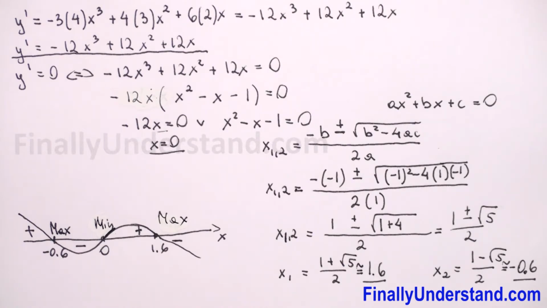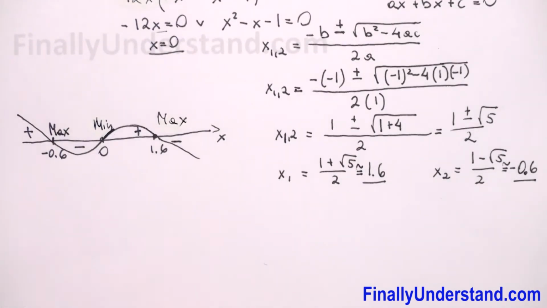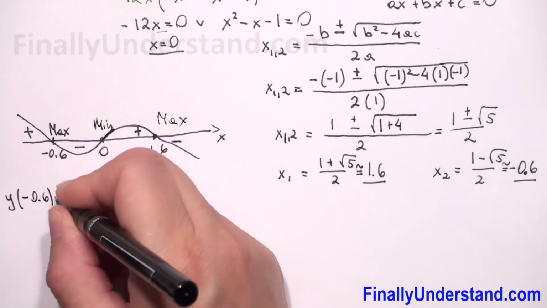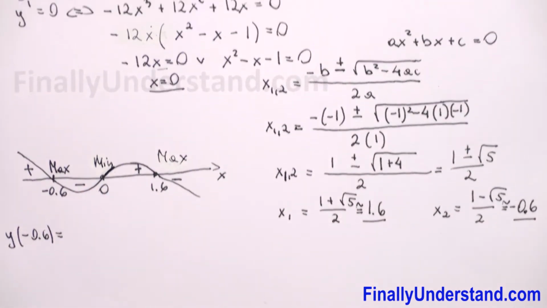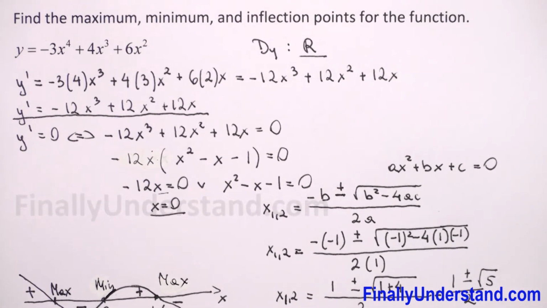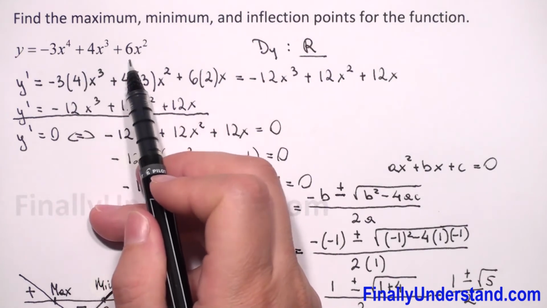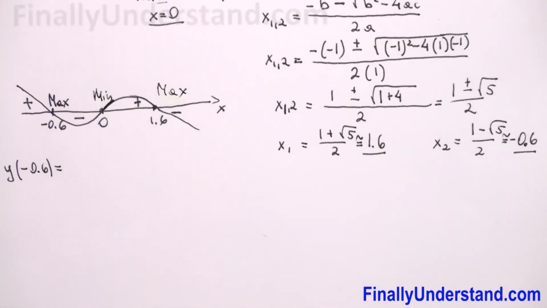So now we have to calculate these values. So we have y of negative 0.6 equal to... We have to replace in our formula x by negative 0.6.